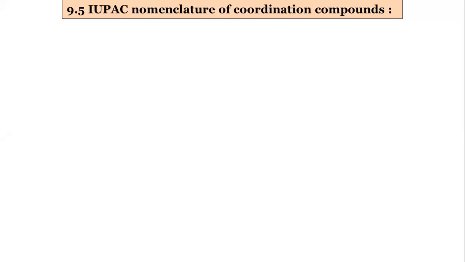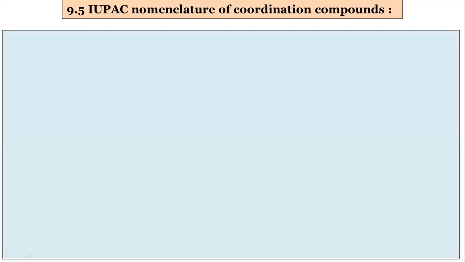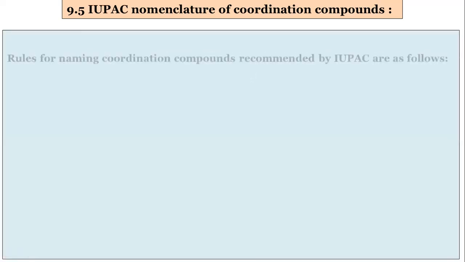But the rules for the IUPAC nomenclature system for coordination compounds are completely different. Completely different means we do not select the longest chain, or identify the functional group. No functional group is there. So please listen carefully to this lecture, because this nomenclature system of coordination compounds is completely different.